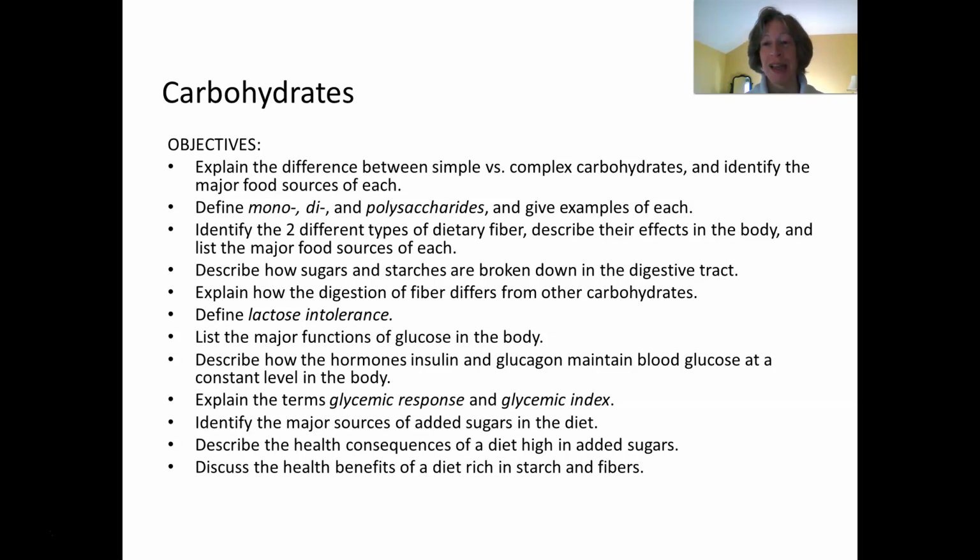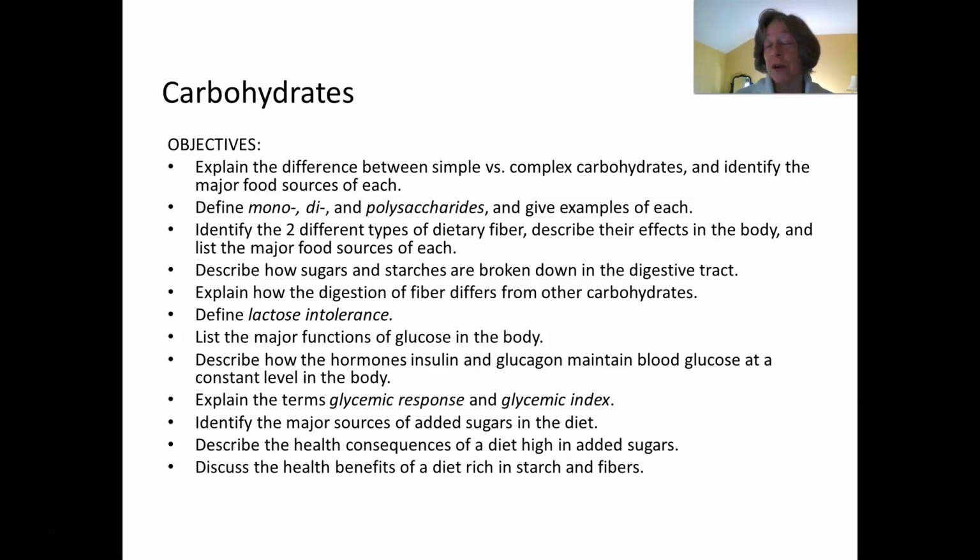One thing you need to keep in mind is that a diet high in sugar does not necessarily or directly cause type 2 diabetes, but a diet high in sugar does increase the release of insulin from your pancreas, and doing that repeatedly over time may make your cells less sensitive to the effects of insulin, and therefore may lead to a high blood sugar condition, this insulin resistance, which eventually may lead to type 2 diabetes.